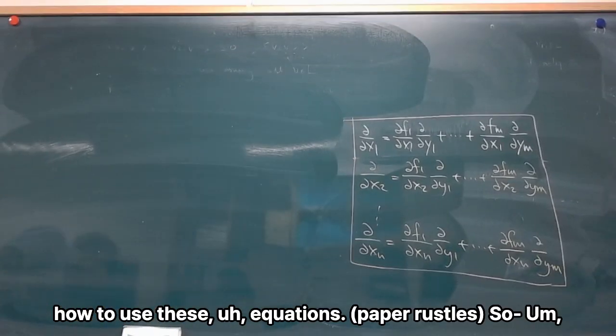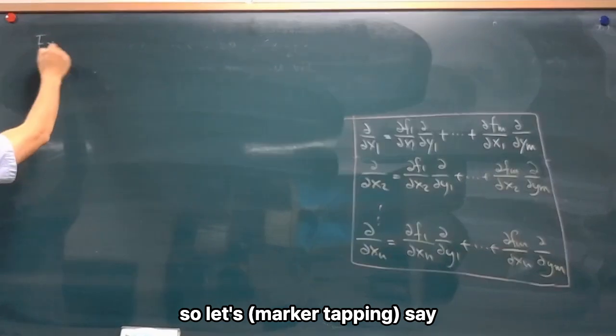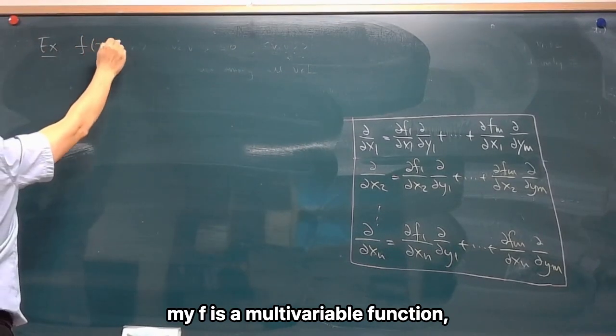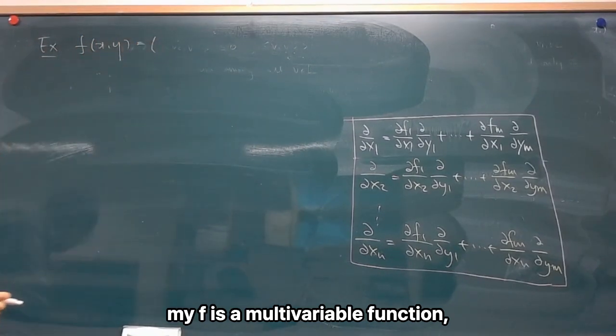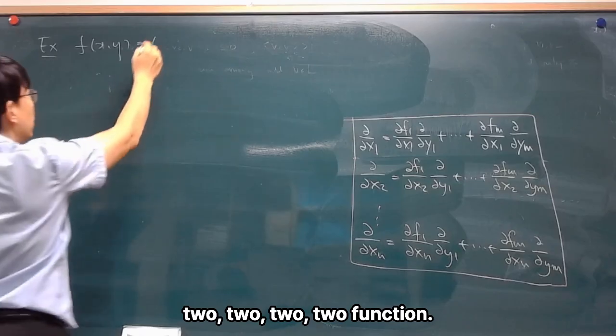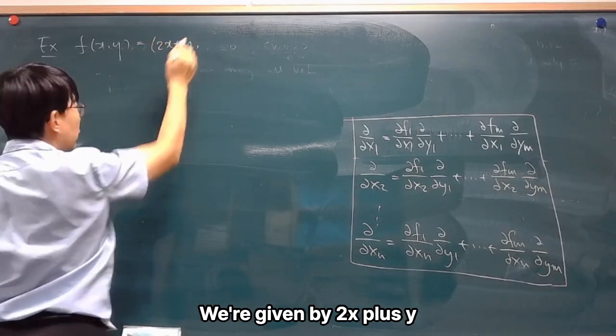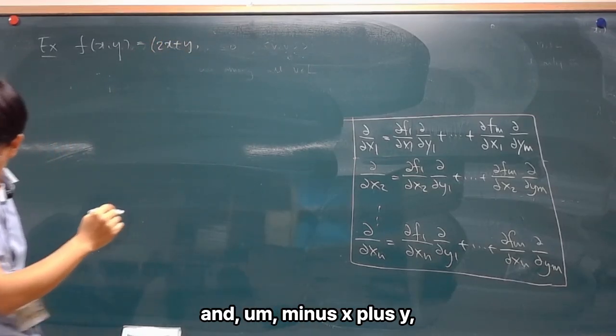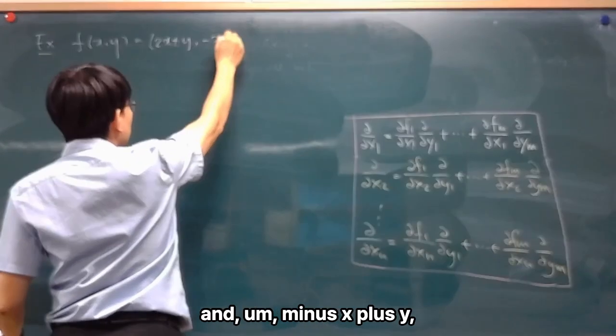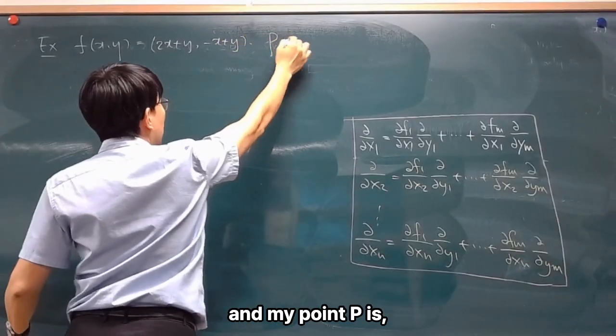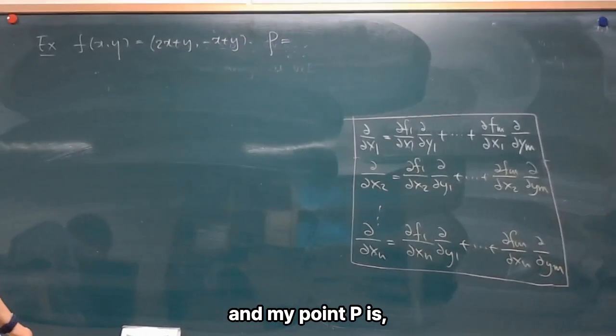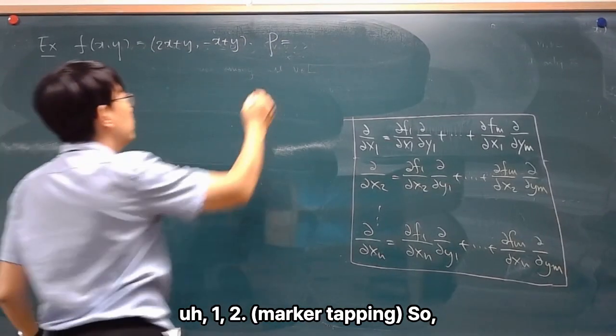So let's say my f is a multivariable function, two functions, given by 2x plus y and minus x plus y, and my point P is (1, 2).